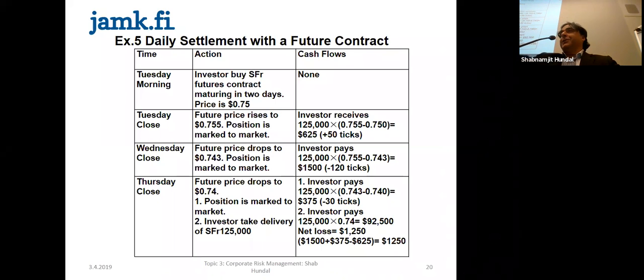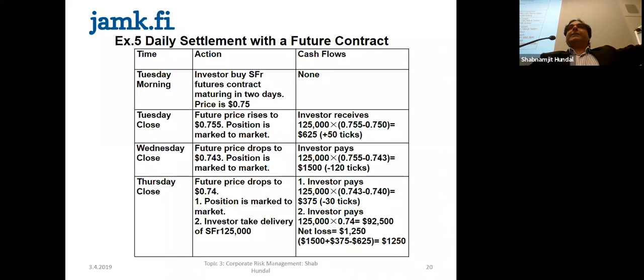It's like a mark on yourself. So when the market is making you richer or poorer every day, in terms of financial jargon, we call it marked to market. So your position is marked to the market every day.